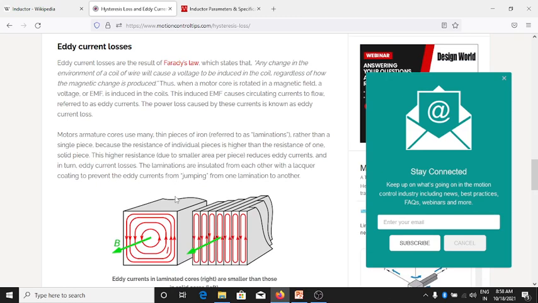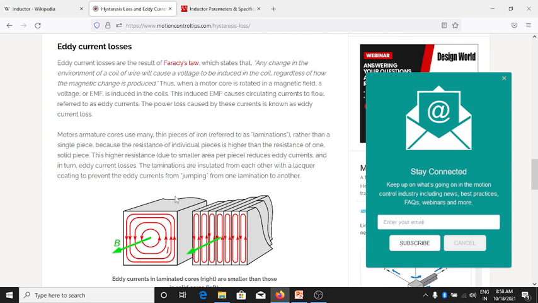Next is eddy current loss. Eddy current losses are the result of Faraday's law, which states that any change in the environment of a coil of wire will cause a voltage to be induced in the coil, regardless of how the magnetic change is produced.